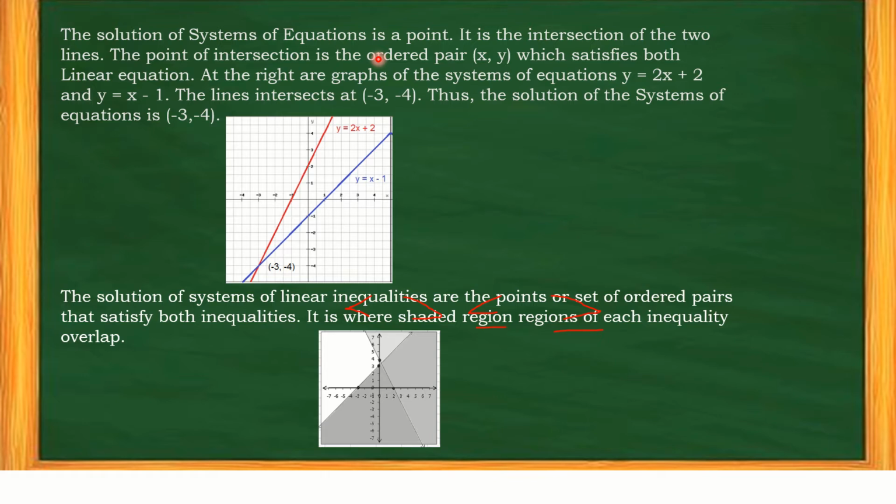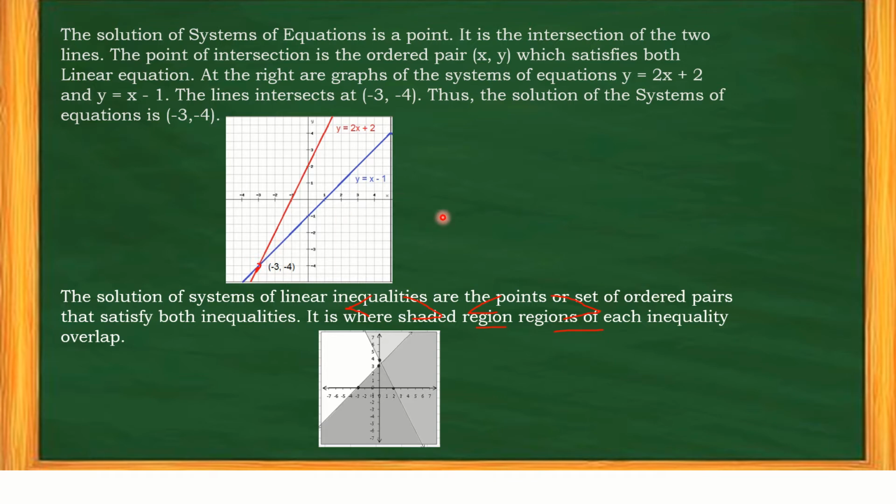Since we have two equations, we have two lines, and the solution of the given system is the point of intersection. Here, this is the solution, -3 and 4. This week, we are going to deal with the solution of systems of linear inequalities in two variables.